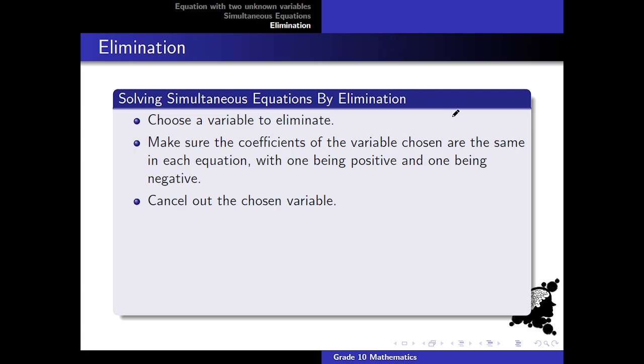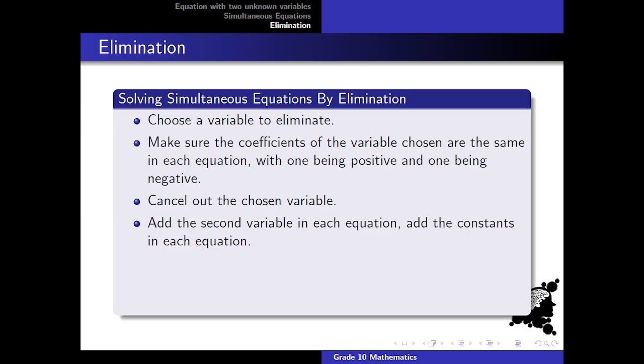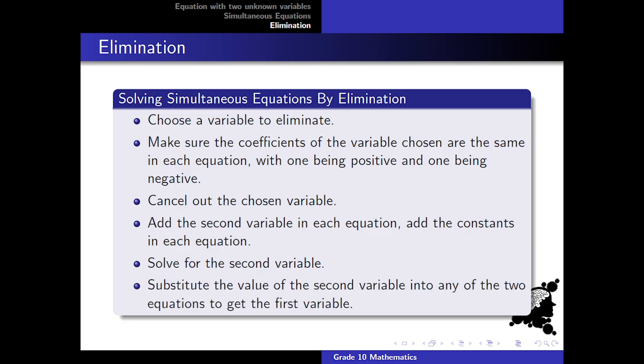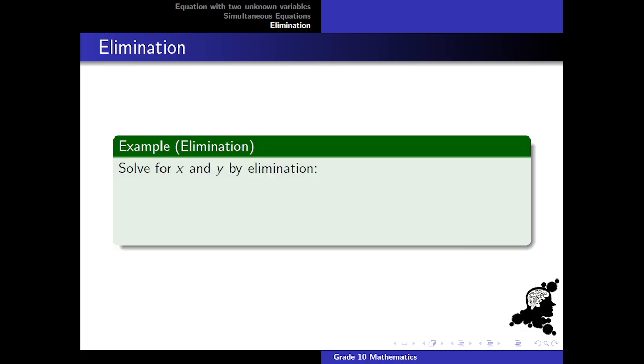Now, if we have the same coefficient in both equations, with one being positive and one negative, the variable can cancel out. We will then add the second variables in each equation and then add the constants. Then we can solve for the second variable. Then we substitute the value of the second variable into any equation in order to get the variable that we canceled out. Let's look at some examples so that we can really understand what's happening.